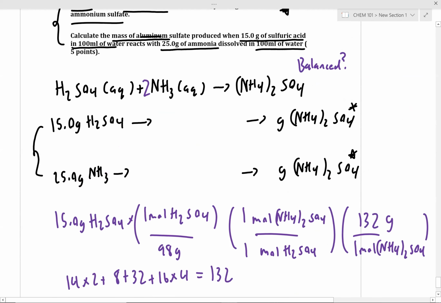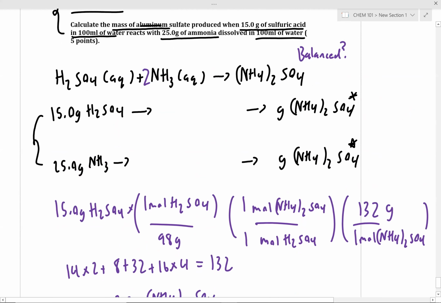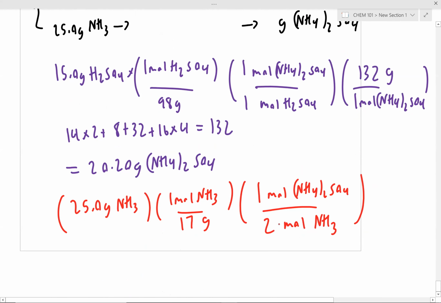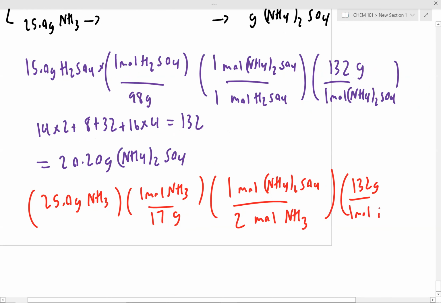How many moles of ammonia have we used up? 2. Everyone see where the 2 comes from? Okay, perfect. And then the mass of ammonium sulfate is the same, 132 grams per 1 mole of ammonium sulfate. And that in turn gives us 25 divided by 17 divided by 2 times 132. And that in turn gives us a predicted mass of 97.06 grams of ammonium sulfate.